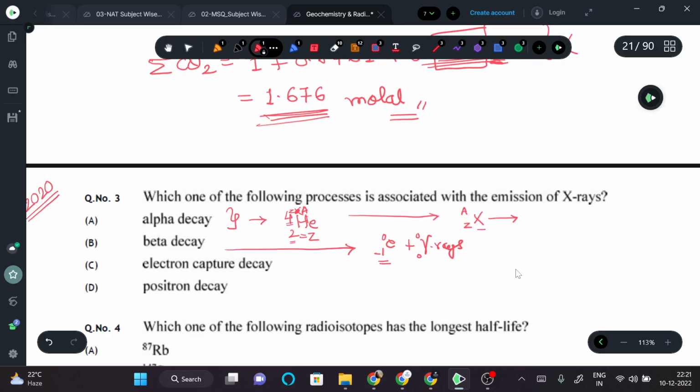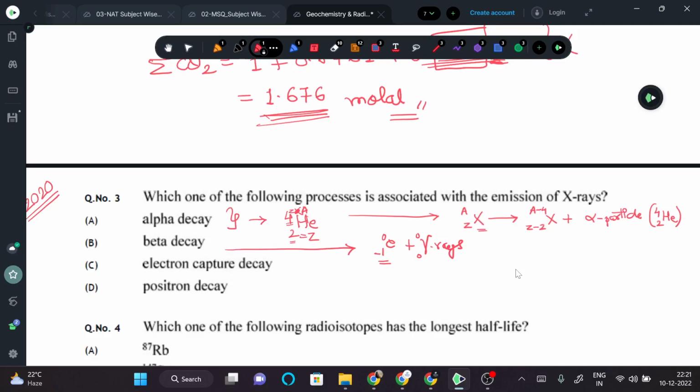If this particular nucleus is going through alpha decay, it will have X, A minus 4, Z minus 2 plus alpha particle, right? Because alpha particle is He 4 2. So here you can see from A, that is mass number, 4 will get subtracted in the product, and from Z, that is atomic number, 2 will get subtracted.